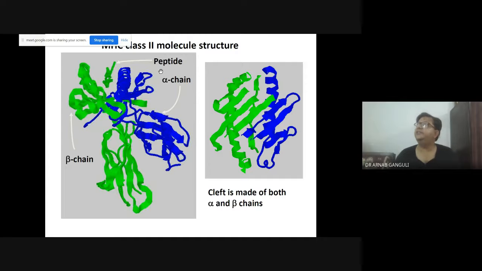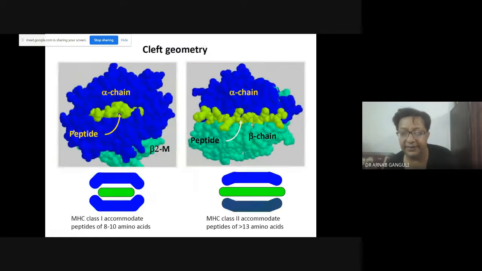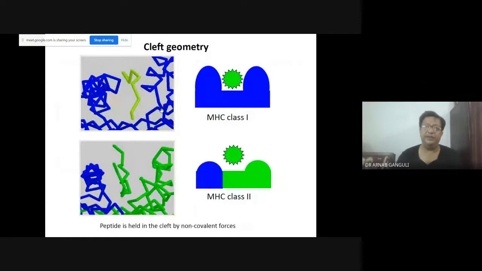Now, if you look at the structure, there are alpha chains, beta chains, and the peptide is over here. The cleft is made of both alpha and beta chain. You can see here that the floor under the alpha pocket is beta. The cleft geometry looks like this.